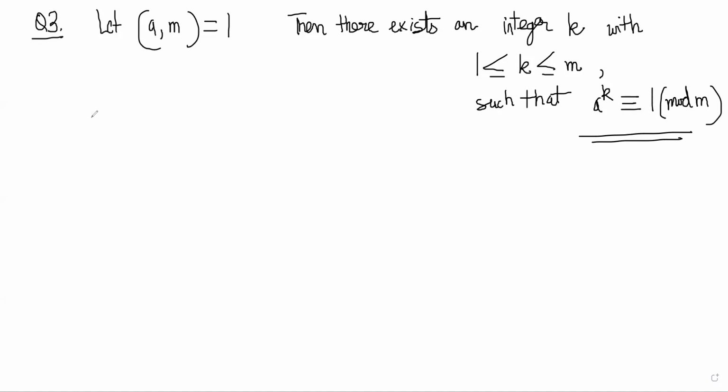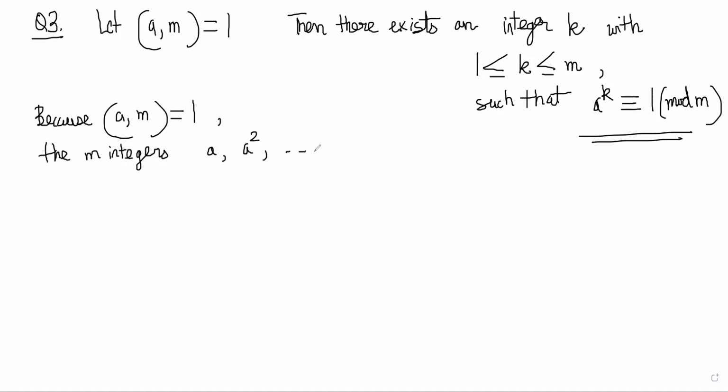So think about it. Because a and m are co-prime to each other, the m integers from a square till a power m are all co-prime with m, right?